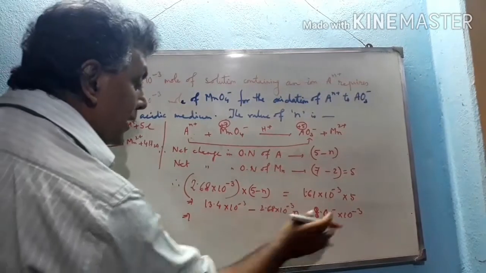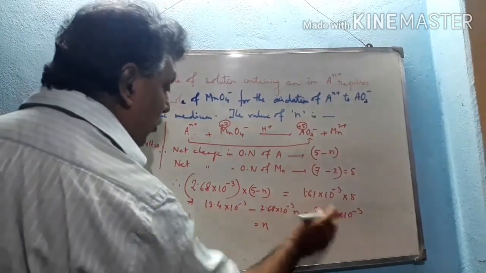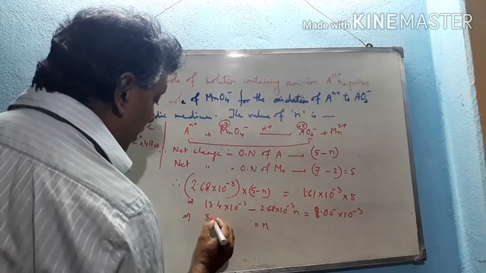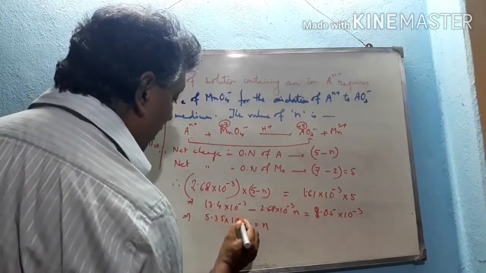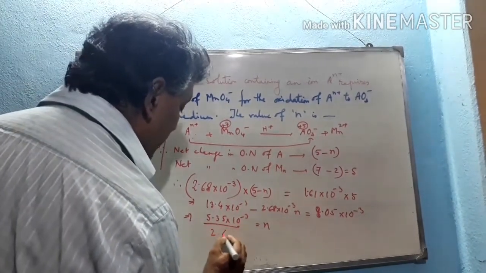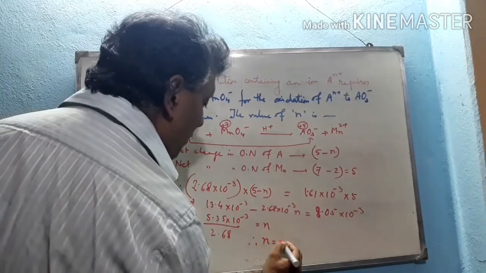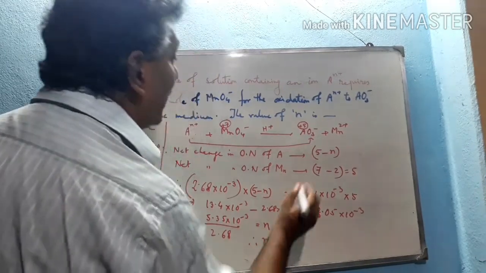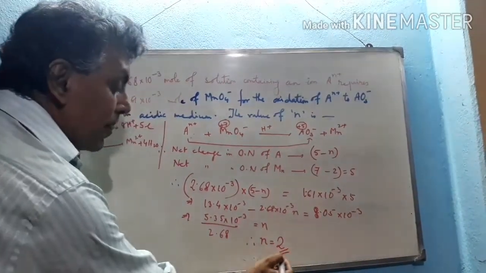So by transferring this, we can calculate the value of N equal to 13.4 minus 8.05, that means 5.35 into 10 to the power minus 3, divided by 2.68. So here we can calculate the value of N is equal to 2, and hence the value of N is equal to 2 here.